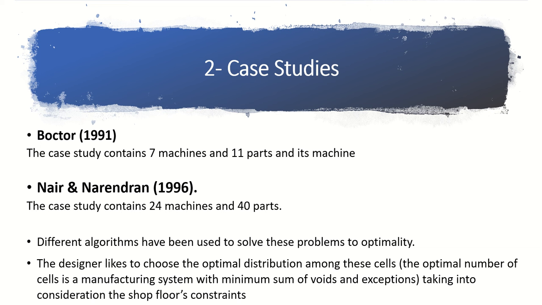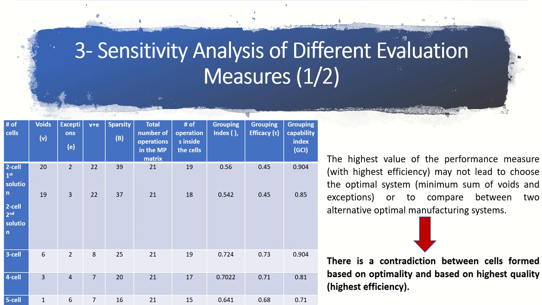Different algorithms have been used to solve these problems to optimality, and the designer likes to choose the optimal distribution among these cells, taking into consideration the shop floor's constraints.